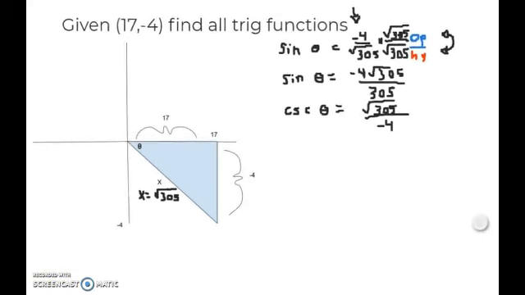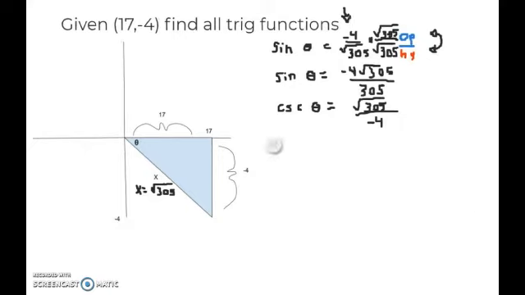Alright, so the next function that we're going to be working on is cosine of theta. And cosine of theta equals adjacent over the hypotenuse. So it would be 17 over the square root of 305.